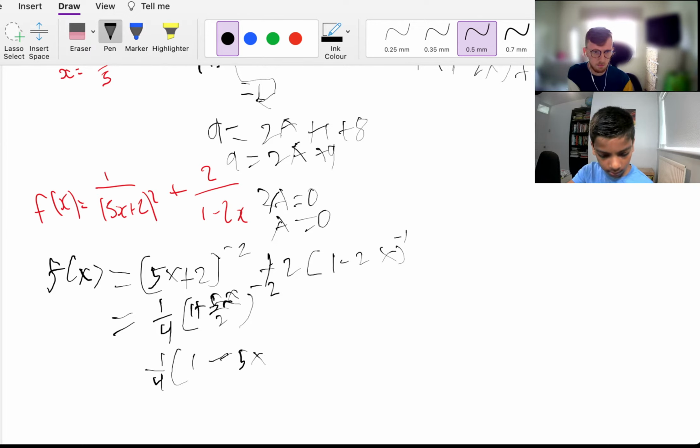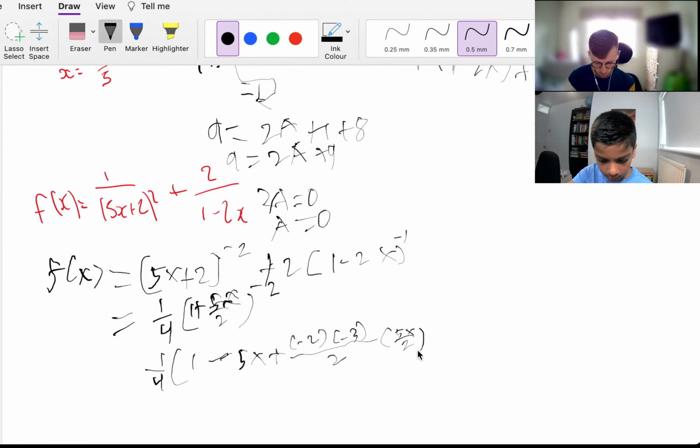And then you do this plus, and then minus 2 times minus 3 divided by 2, by 5x over 2 squared.